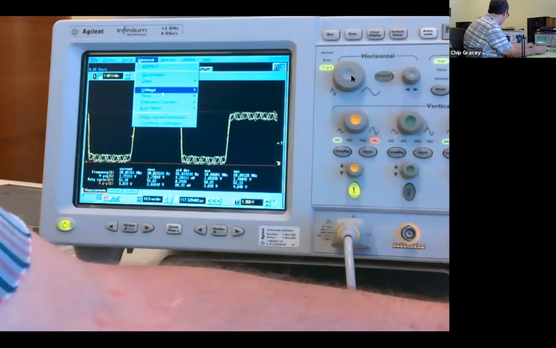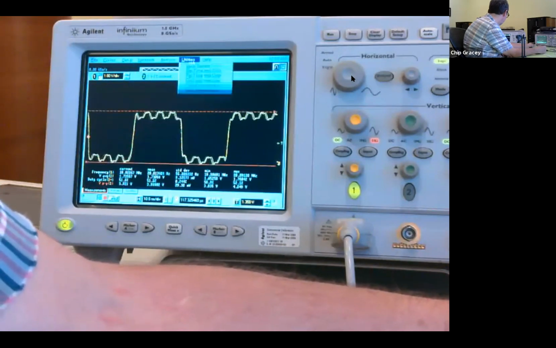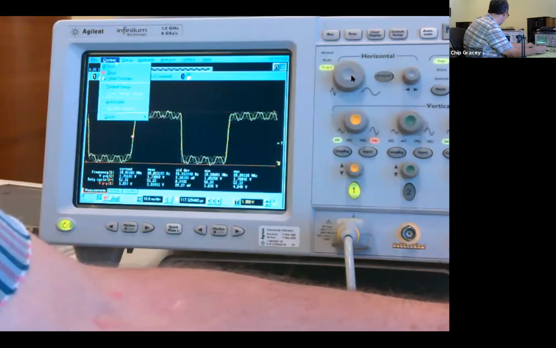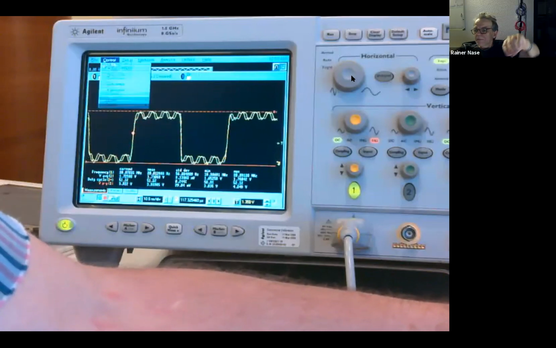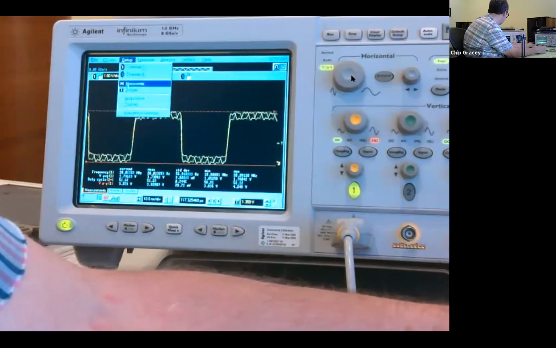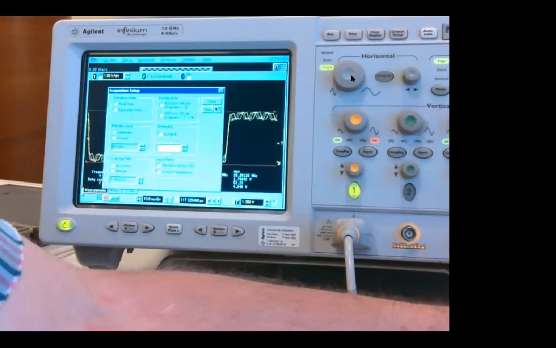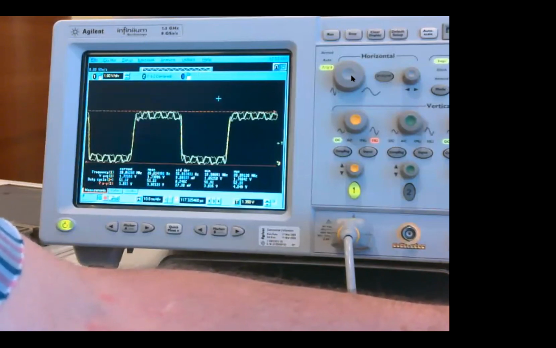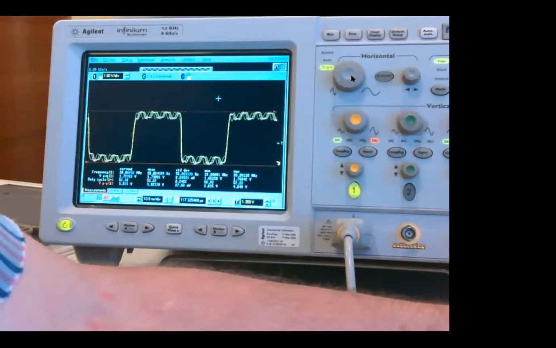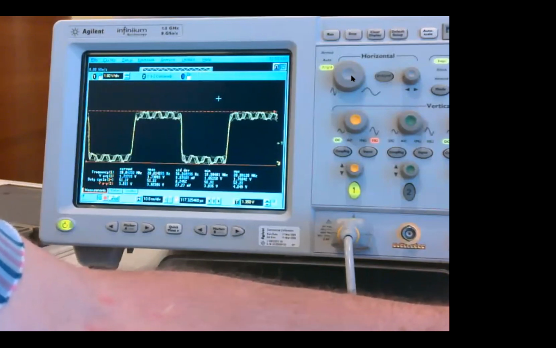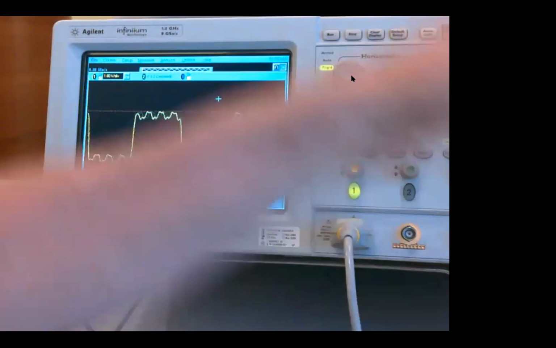Let's see, 1.3 gigahertz. The acquisition? Here we go. So we're at 8 gigasamples per second, which means 800 megahertz in analog bandwidth.